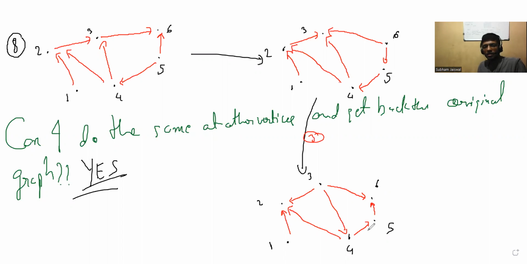But then the 4 gets messed up. So I'll try to make the change at 4. But then how will this thing end? In this case, just try to think, you can see a pattern. Or take a smaller graph and try.